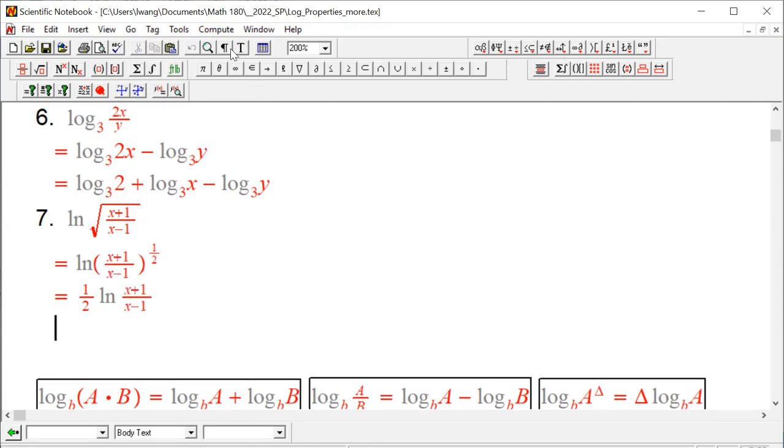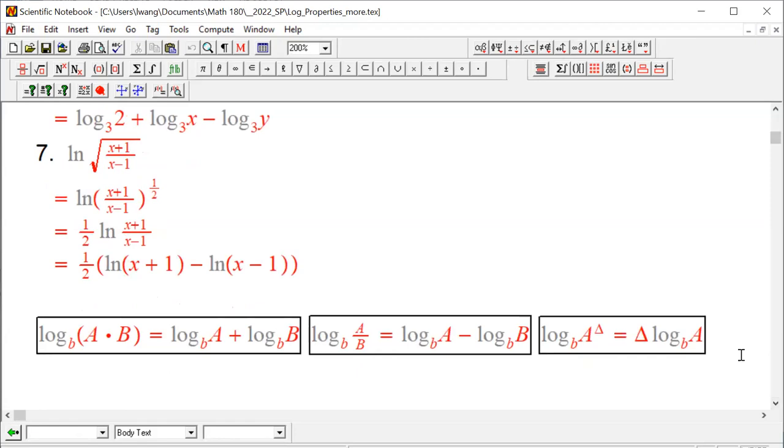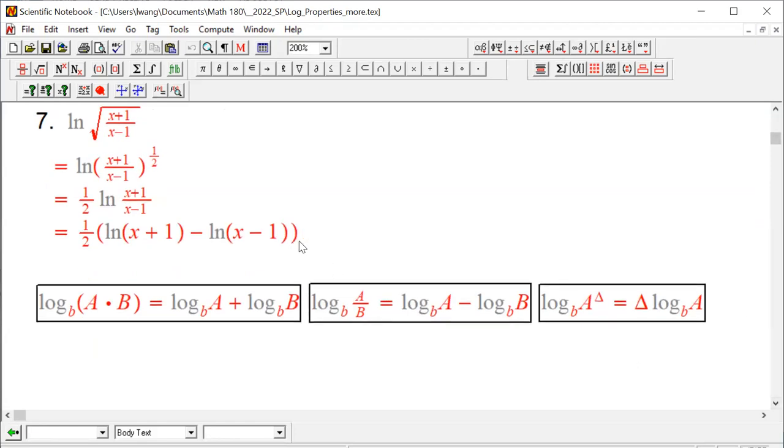And last but not least, the quotient rule. So 1/2 parentheses ln of x plus 1 minus ln of x minus 1. Be careful with this question. Let me put brackets just to make a distinction.